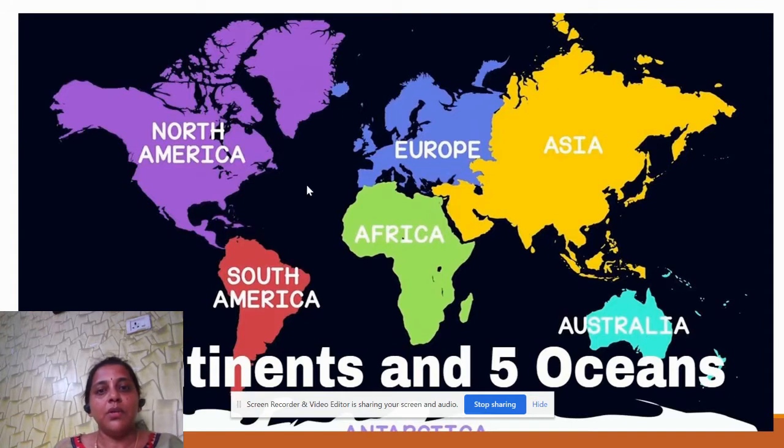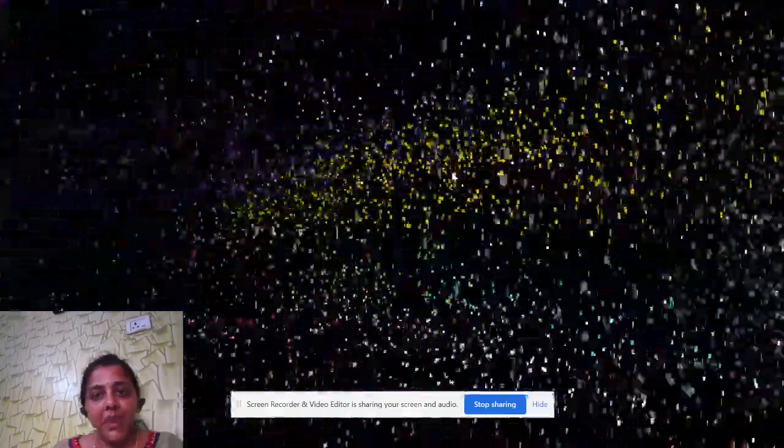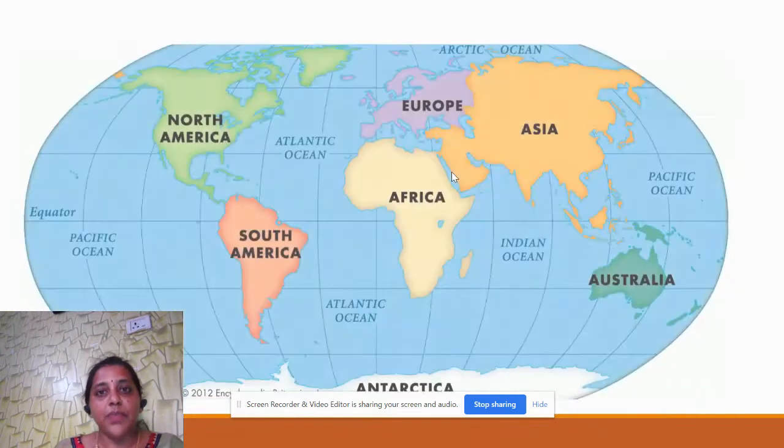Here, children, we are going to learn about all these seven continents. They are interconnected and also divided with some physical features. Depending upon their area, there is a largest and a smallest continent.